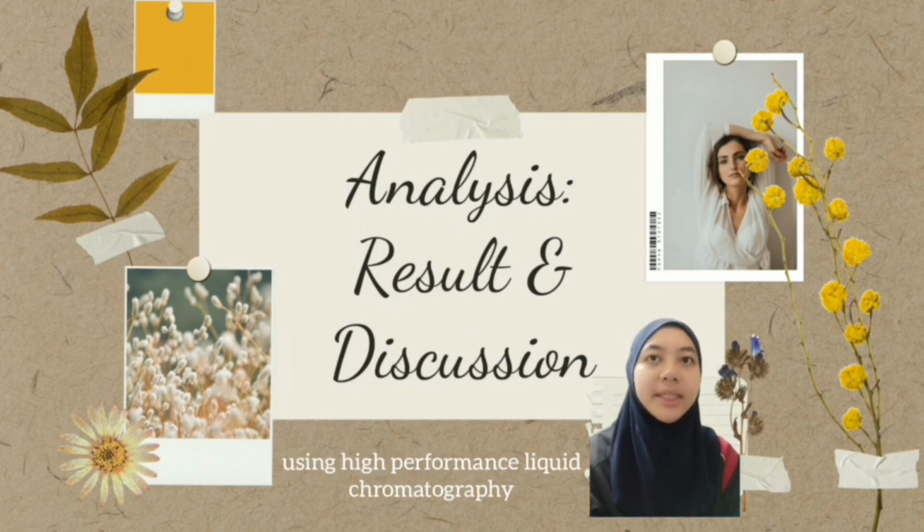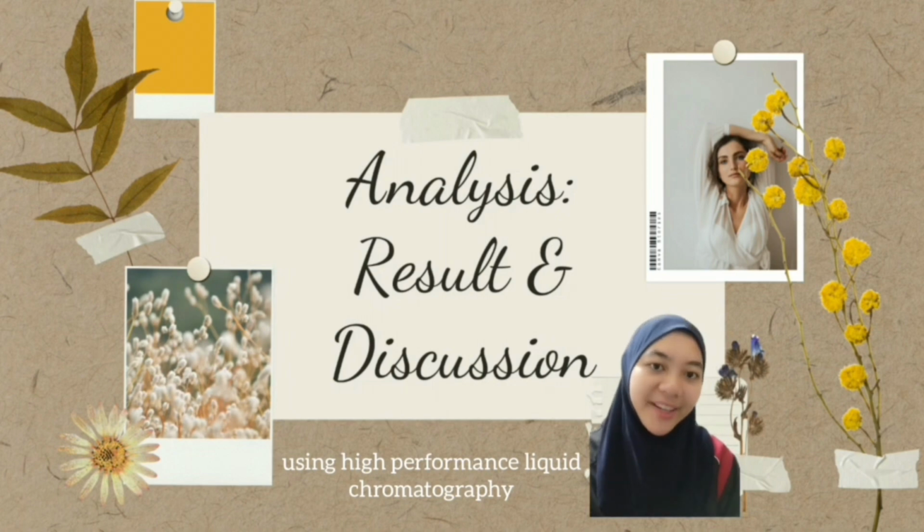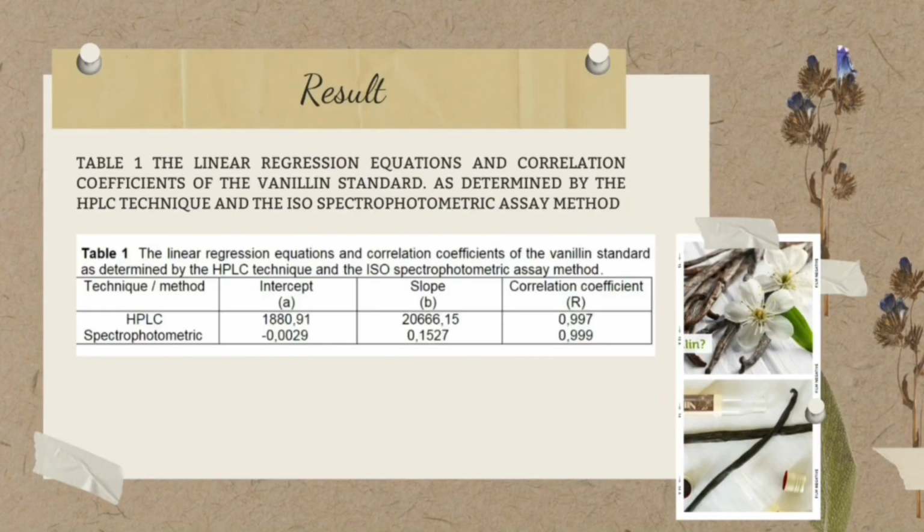high performance liquid chromatography. There are two results, which is in table 1 and table 2. In table 1, the linear regression equation and correlation coefficient of the vanillin standard as determined by the HPLC technique and the ISO spectrophotometric assay method.